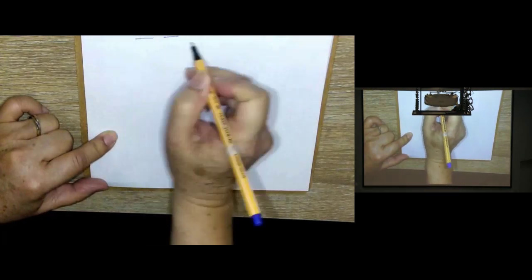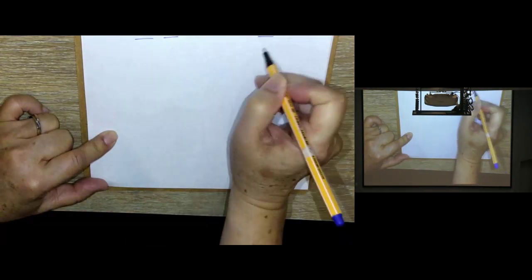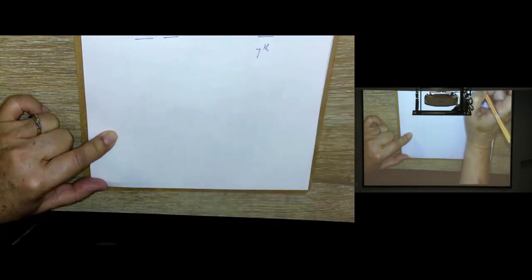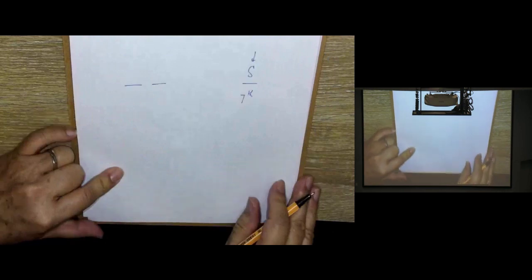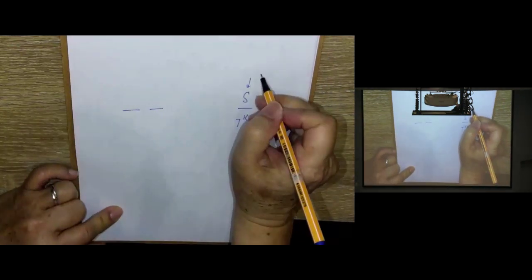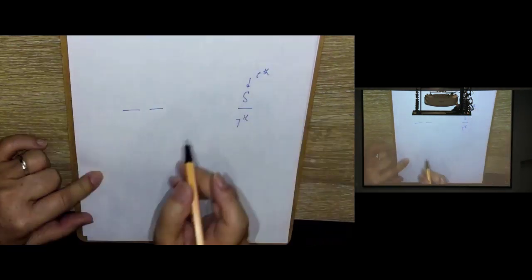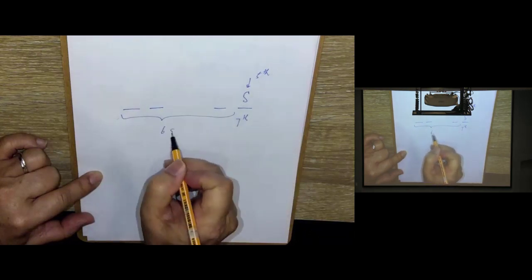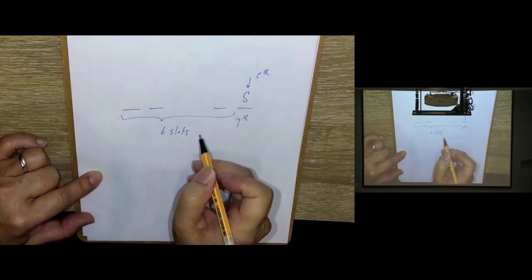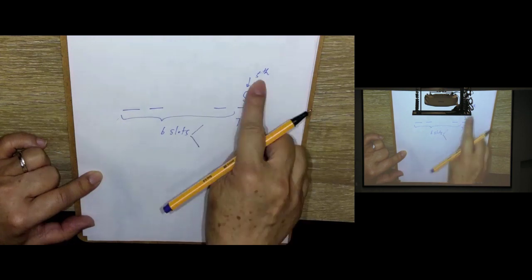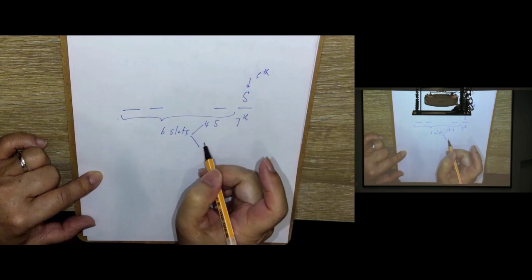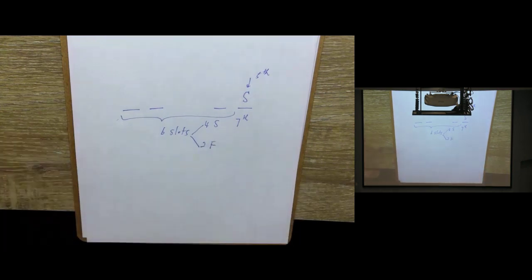This is your 7th trial, and this is a success, and this has to be the 5th one. So out of here, there are 6 slots, and because this is the 5th, you have 4 S's and 2 F's.